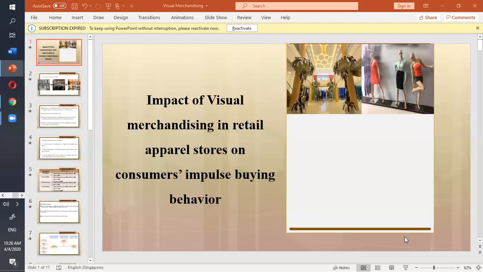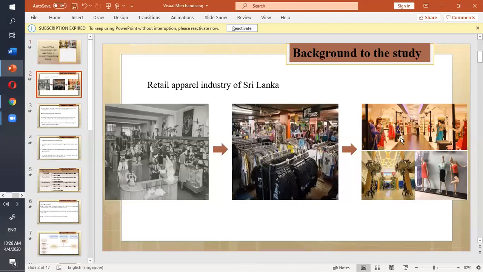Look at this, okay? You find that these large retail apparel stores, even the small ones, use these techniques as visual merchandising techniques to improve their sales. I hope you can see the screen, correct? Yeah, we can see. Here you can see how it has evolved in the past and how it is today. To what extent do these techniques make a person do an impulse purchase against a rational purchase?